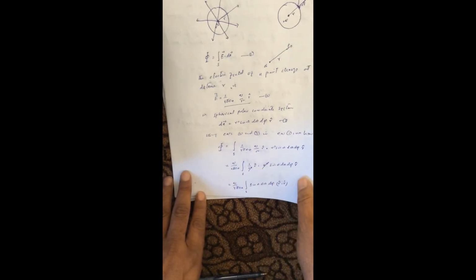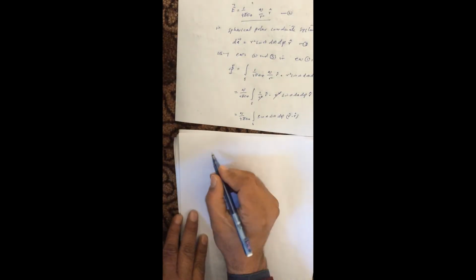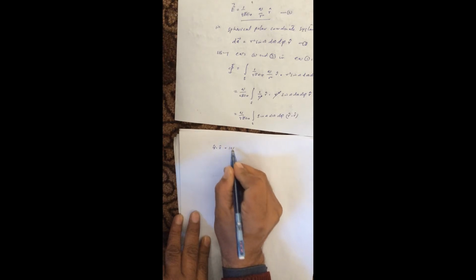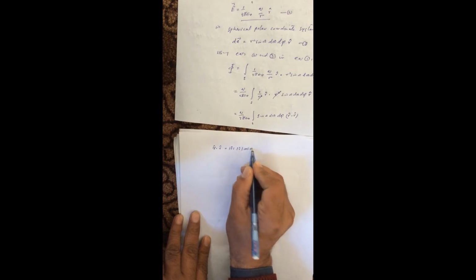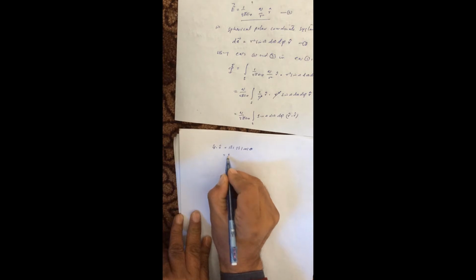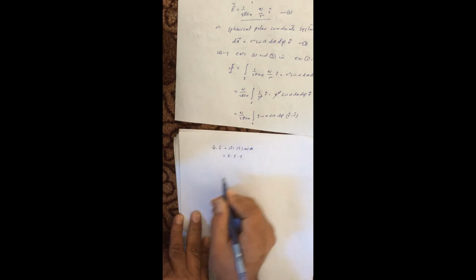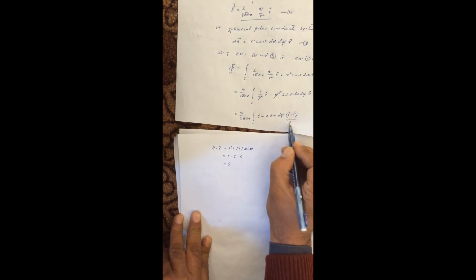Here we have the dot product of these two unit vectors, r cap dot r cap, and we know that r cap dot r cap is equal to the magnitude of r cap into the magnitude of r cap into cos of the angle between them, which is 0 because they are the same vector. These are unit vectors, so their magnitudes are equal to 1, and cos 0 is also 1. So the product is equal to 1.